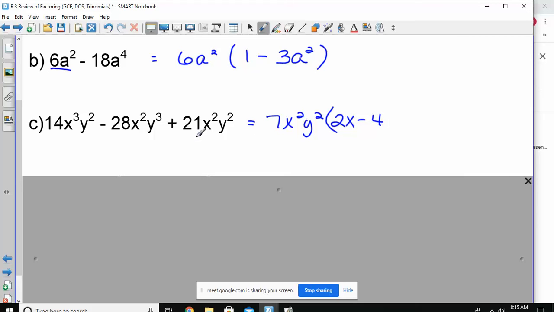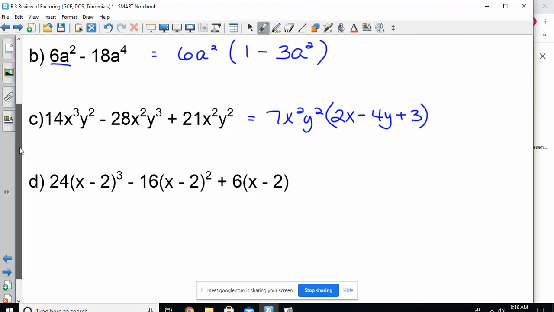I took out all the x's and I took out 2 y's, so there is 1 y remaining. Plus 21 divided by 7 is 3. I took out the x's and the y's. Last one like this.